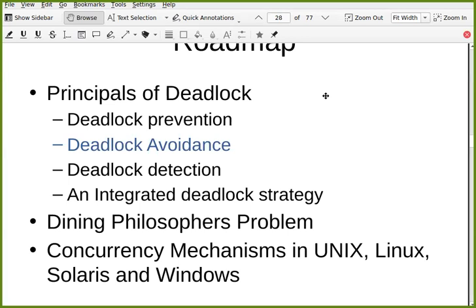And in that case, when we find that after granting a particular request it is going to be an unsafe state, it does not mean that deadlock will occur, right? There is no such guarantee that deadlock will occur if it proceeds further from this unsafe state. But there is a potential deadlock if you proceed further from that unsafe state.